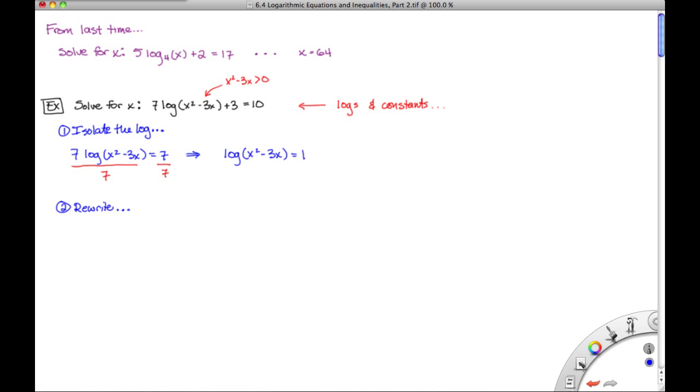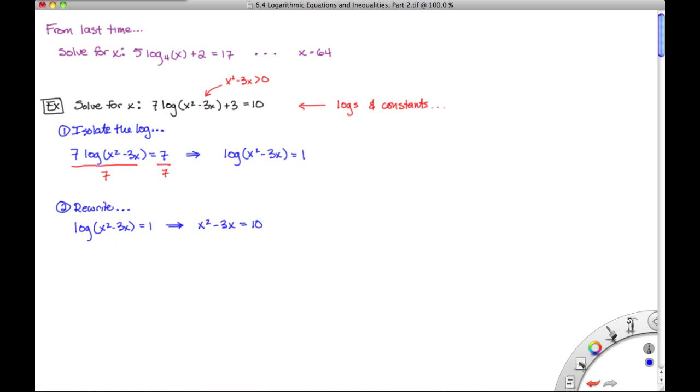And in doing so, if we have the log of x squared minus 3x equals 1, we know that to translate this into an exponential equation, this tells us that x squared minus 3x is going to have to be equal to our base, which is 10 raised to the power of 1 in this case. To the power of 1, essentially we can just get rid of that. And we've got 10. So this is the equation that we're going to want to solve.